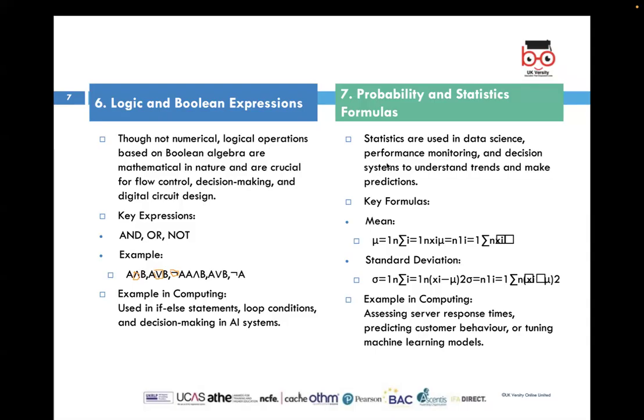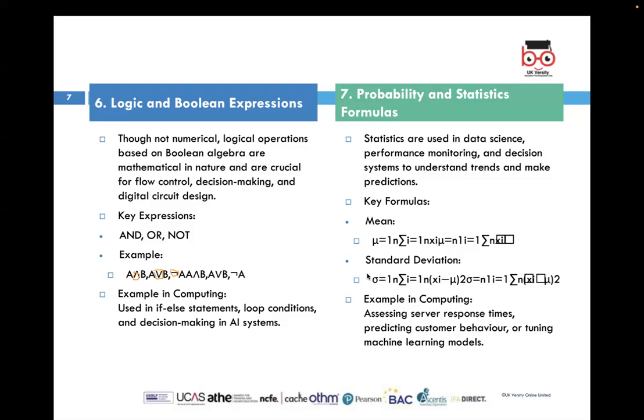Probability and statistics formulas. Statistics are used in data science, performance monitoring, and decision systems to understand trends and make predictions. Key formulas: the mean, mu, equals 1/n times the sum of x sub i.